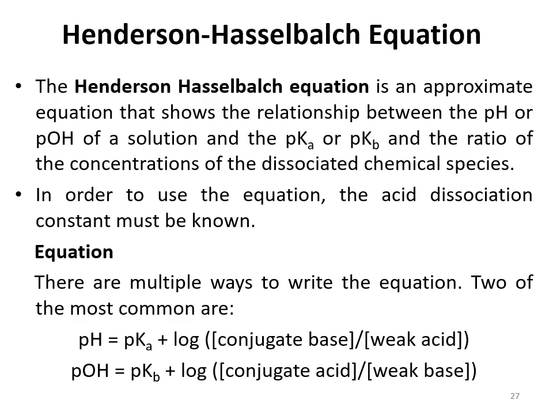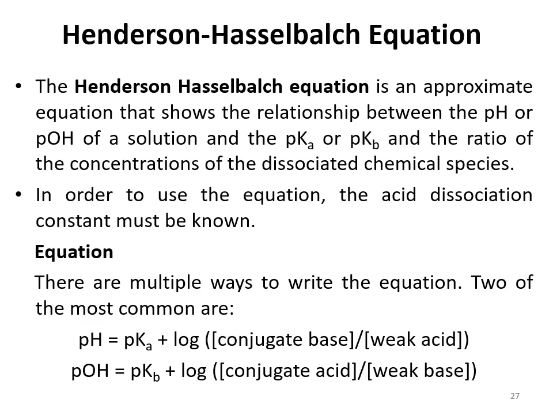In chemistry and biochemistry, the Henderson-Hasselbalch equation can be used to estimate the pH of a buffer solution. The numerical value of the acid dissociation constant Ka of the acid is known or assumed.